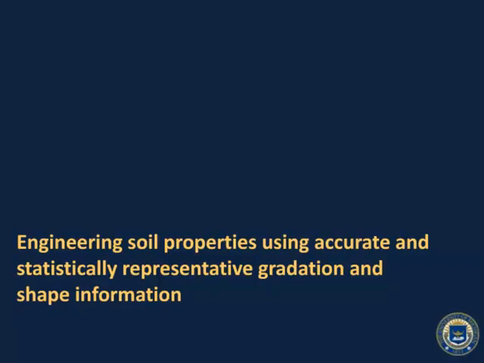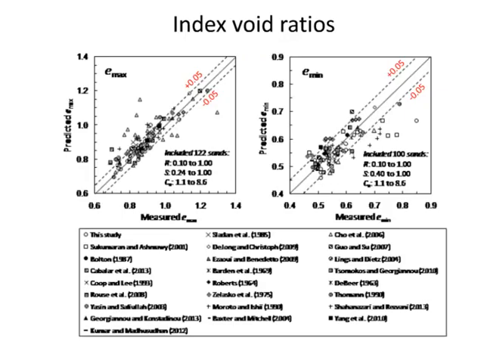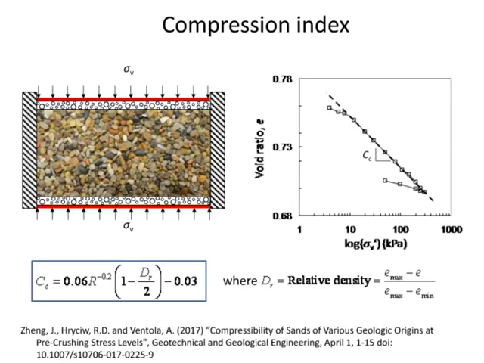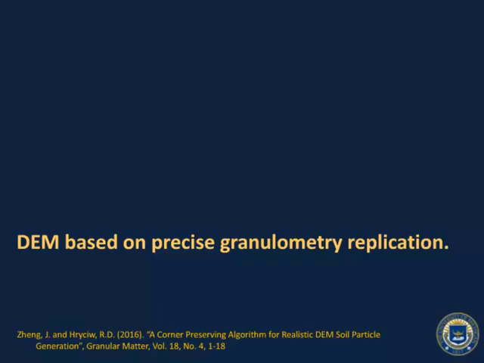So you can see here that we've got all of these particles, and what this has allowed us to do, based on really excellent statistics, is develop equations for soil properties, such as the maximum void ratio and the minimum void ratio. And you can see in my next slide that the agreement between measured values and those predicted by our equations is pretty good. We have similar equations for compression index of soils, shown by the equation in the lower left. And here again is a comparison between measured and predicted values.